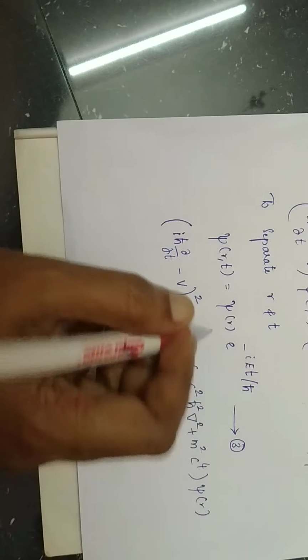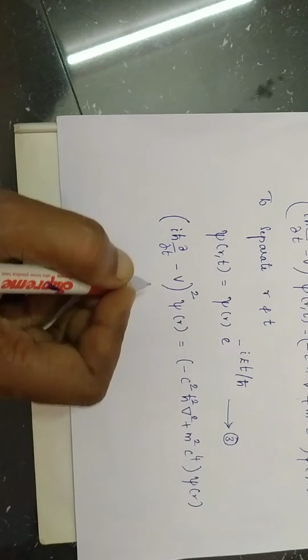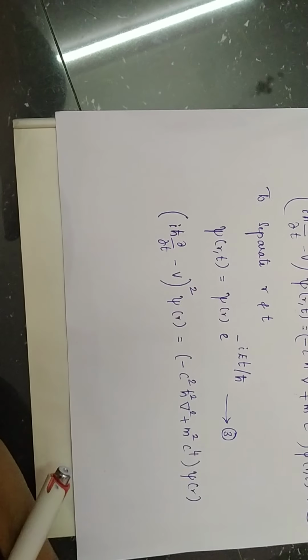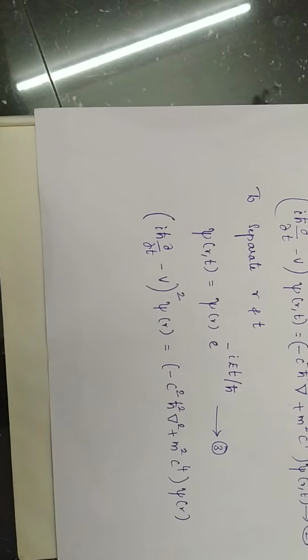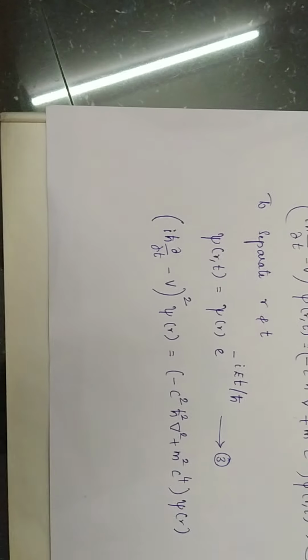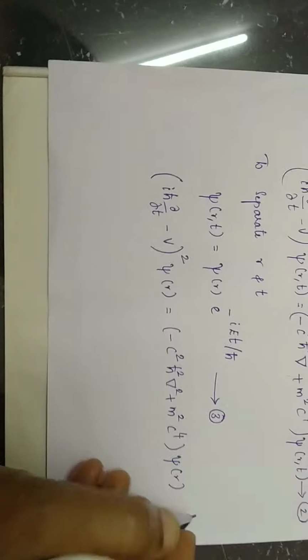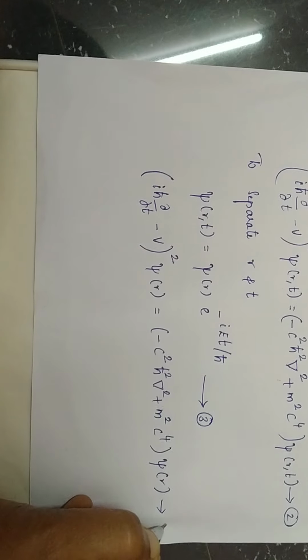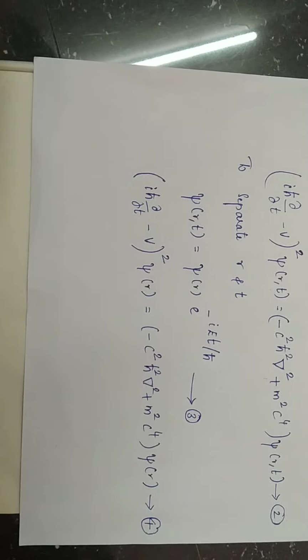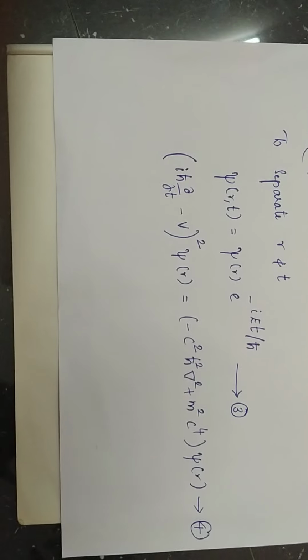So why have I not included this exponential? Both the sides it will come and it will get cancelled. Okay, so it is not written on both the sides. Now I am going to make this equation number 4.